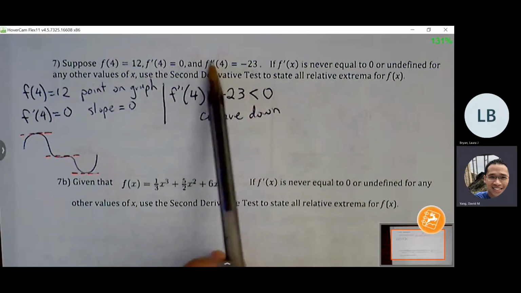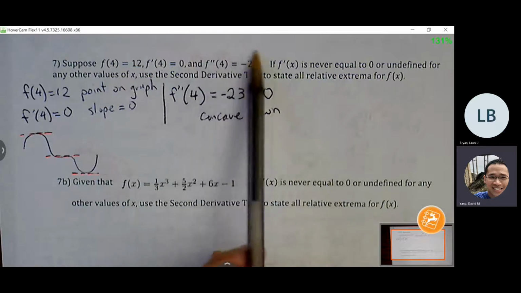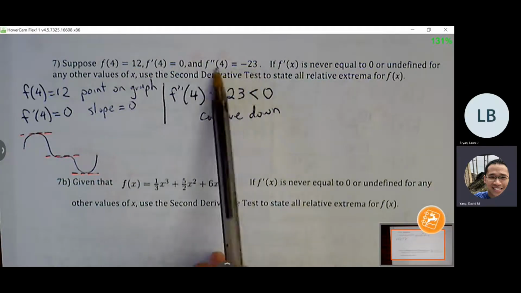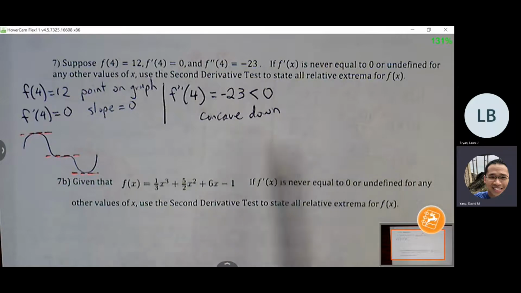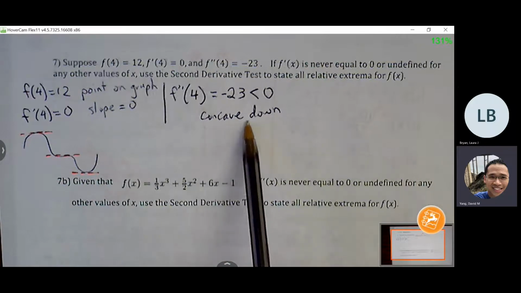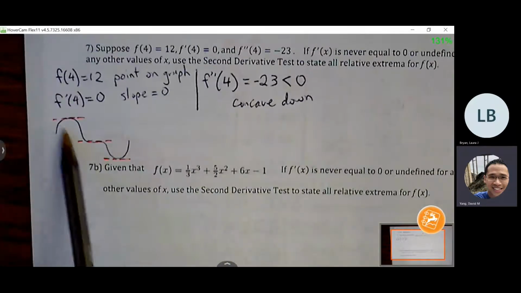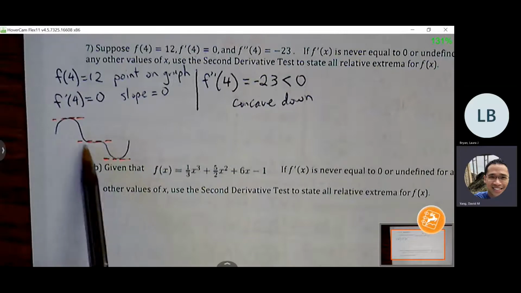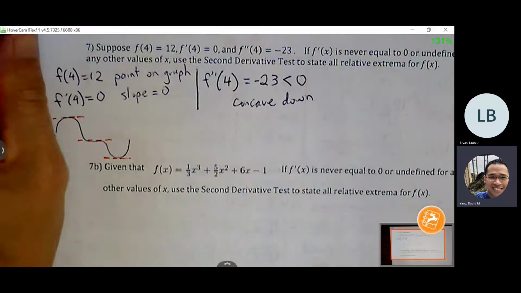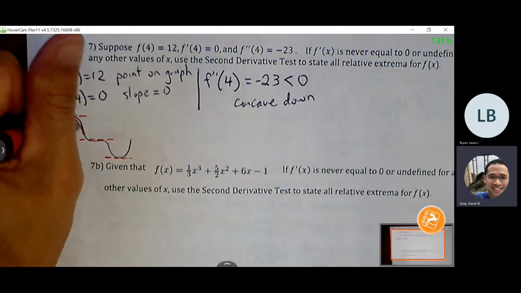And that's what threw off a lot of students on the quiz, just not knowing how to interpret that last piece of information. So if we're talking about concave down, then all of a sudden we have a very distinct option to choose from, right? We know that we must be talking about a graph that looks more like this.